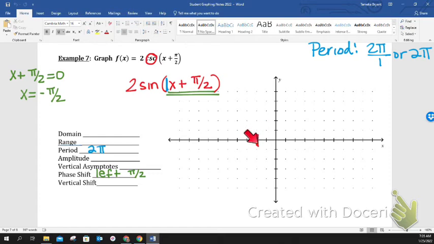So that would be 8 hops. So 1, 2, 3, 4. I can't count up there. I got to go over there. Sorry. So we got 1, 2, 3, 6. So right here. So the distance from here to here should be 2 pi.